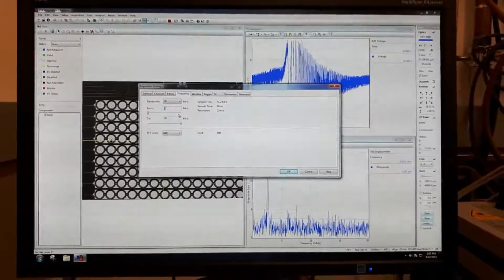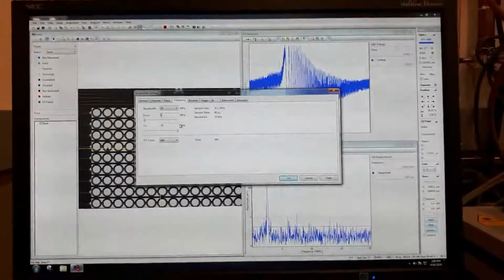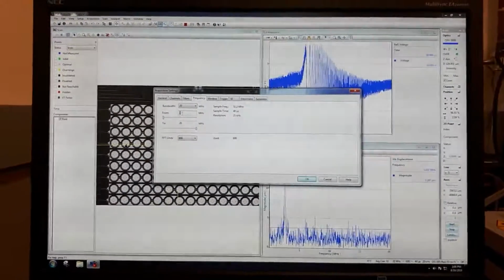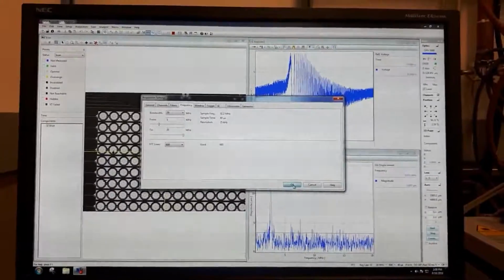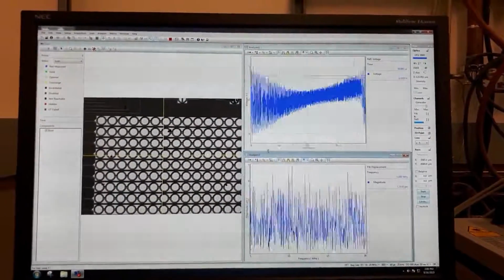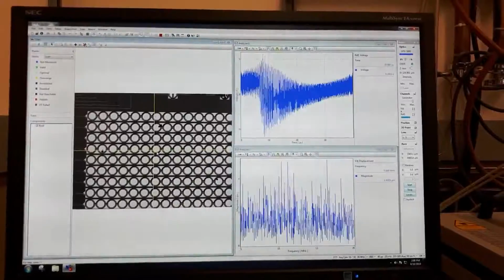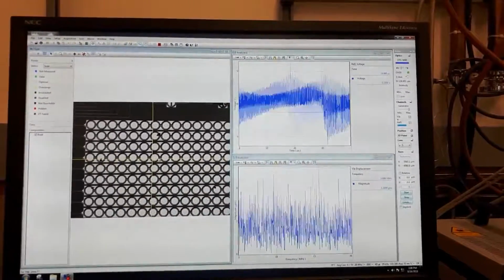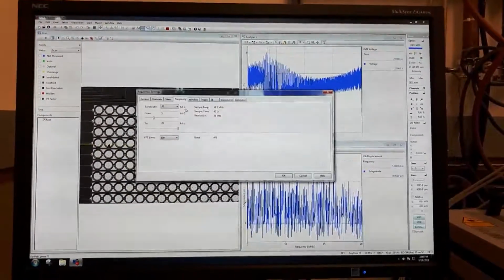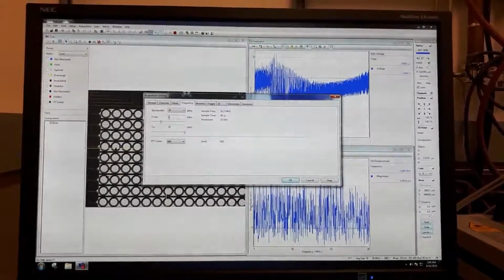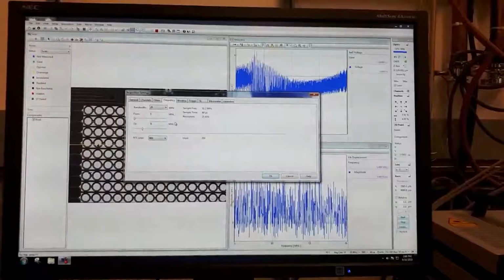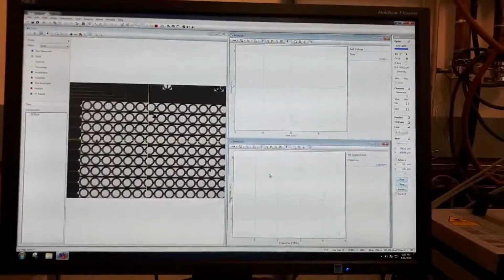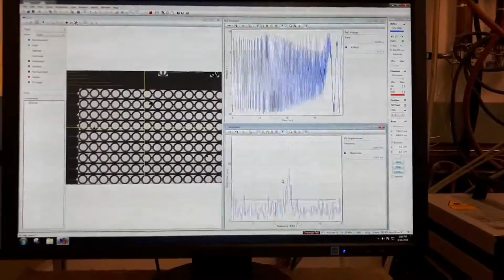I'm going to click the A to D settings again, and now I'm going to measure from 0 to 5 megahertz. There you go.